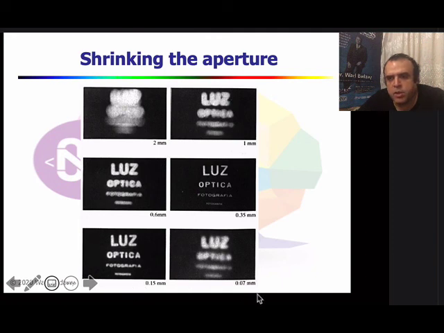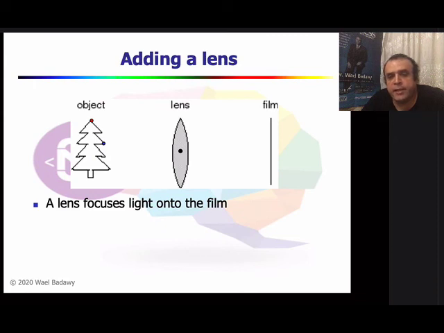But if I go to a much lower size, like 0.07 millimeter, I will see blurry images again. So in this slide, where you can see 6 different images, you will see the impact of the aperture size or the lens size. If I move to the next slide, I will talk about adding a lens.